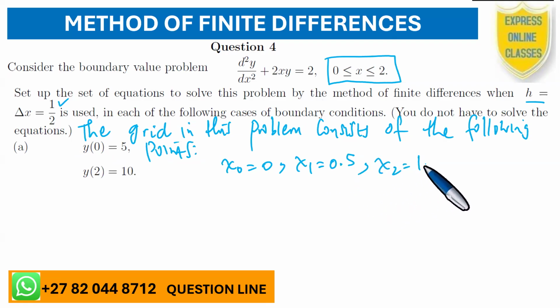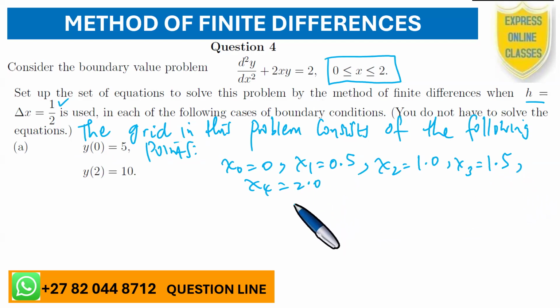You add a 0.5, you'd have a 1.0. You add a 0.5, you'd have a 1.5. You'd add a 0.5, you'd have 1.5 plus 0.5 is like 2.0.